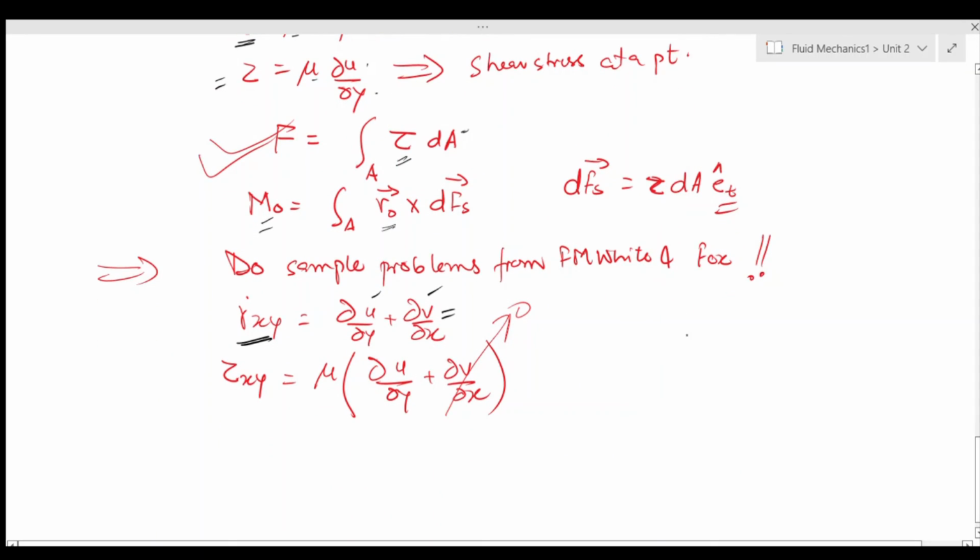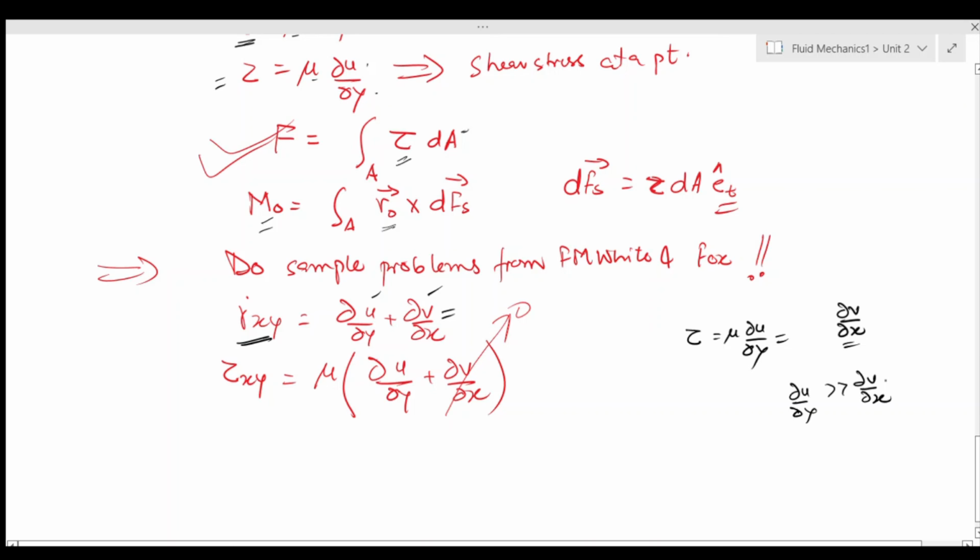So just to let you know that whenever you see that tau is equal to mu del u by del y, this is the case when you are neglecting del v by del x. You are neglecting del v by del x because del u by del y is much greater than del v by del x.